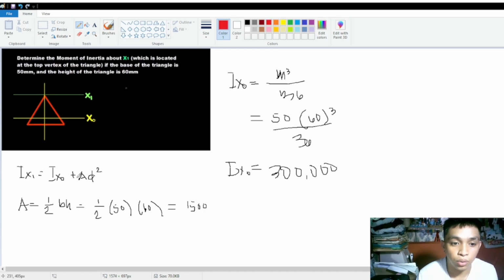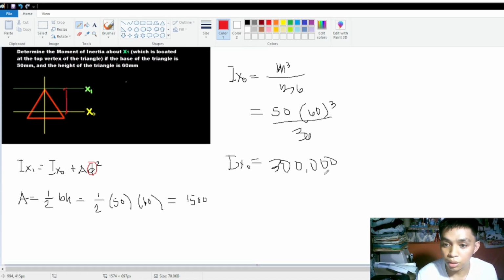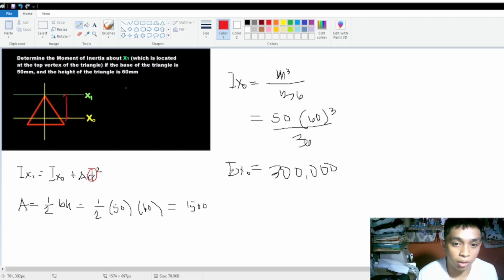Now we need to find d. There's no given distance from the centroidal axis to x sub 1. As I remember from the previous lecture, from the apex to the center of the triangle it is 2/3 times h, and the other part is 1/3.